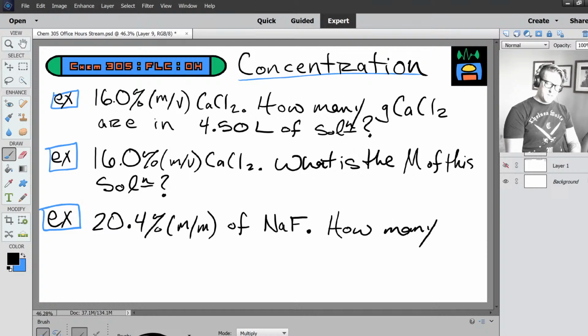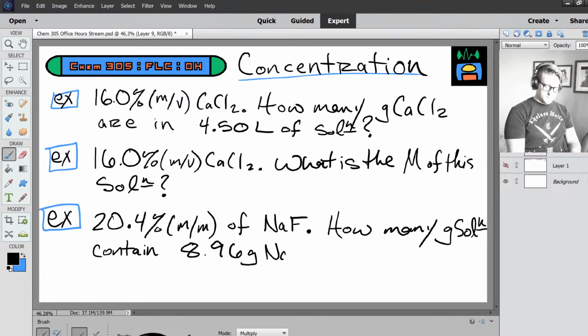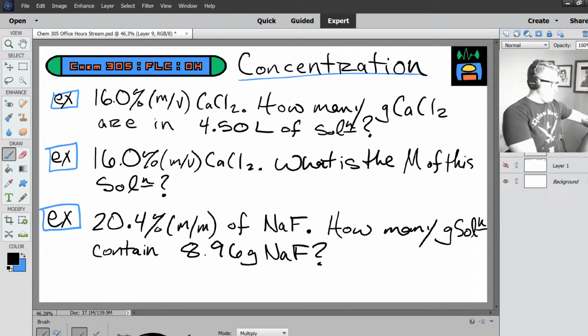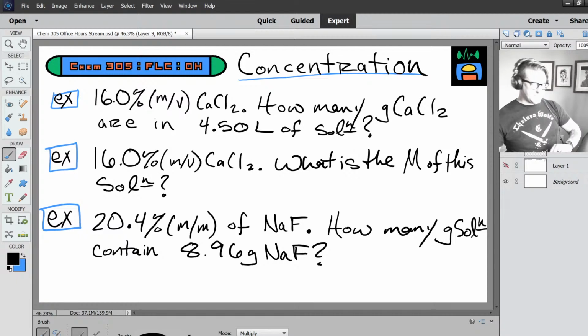How many grams of solution contain 8.96 grams of sodium fluoride? All right, so here are, in triplicate, some examples of concentration problems. We will circle back to those and do them in a second.